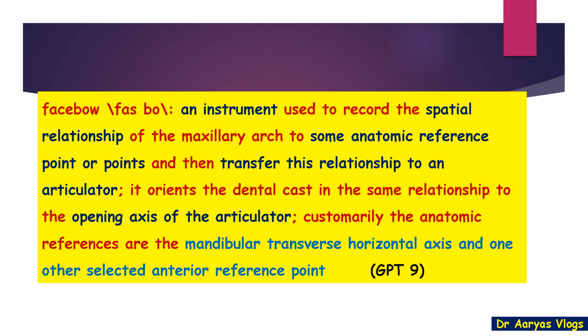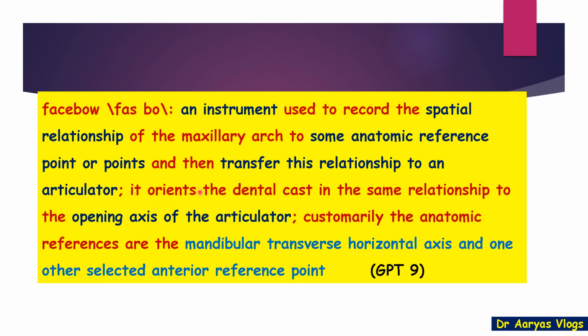Customarily, the anatomic references are the mandibular transverse horizontal axis and one other selected anterior reference point. So what is it? It is an instrument we use to record the spatial relationship of maxillary arch to some anatomic reference point or points and then transfer this relationship to an articulator.